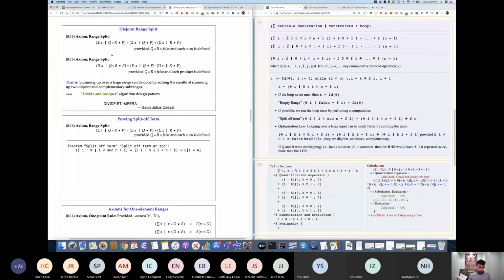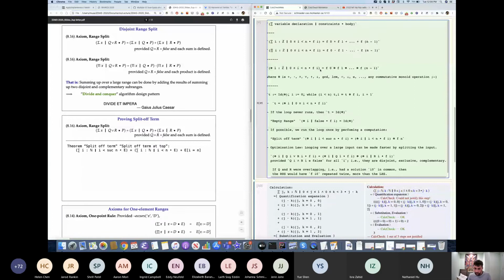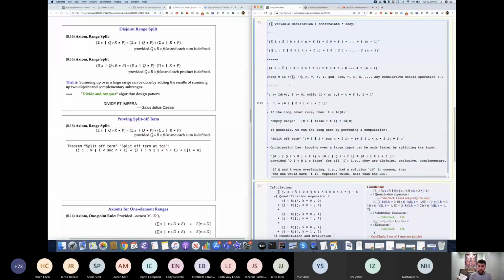Of course, it works for other operations, not just plus. It also works for multiplication, and as I mentioned, it works for and, it works for or. Just as a reminder, sometimes plus is written as sum when you write it as a quantification.